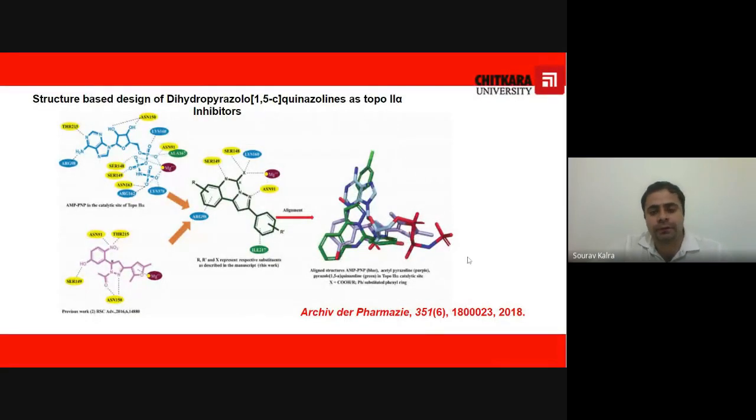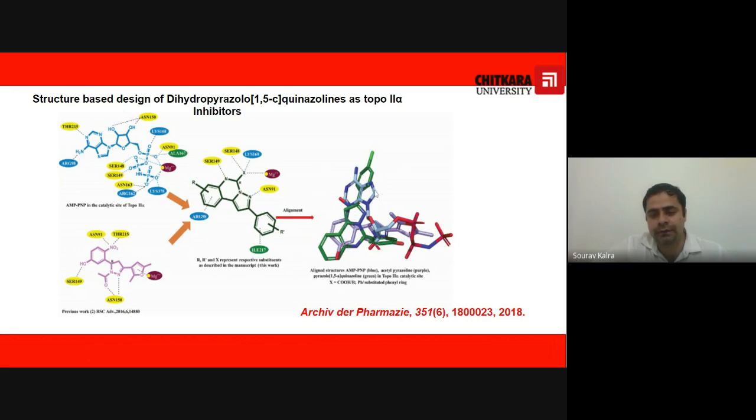Next we have 1,5,6 quinazolines as topoisomerase inhibitors, where we have a protein structure and have seen that ATP or AMP binds in the active site. This is the picture where our inhibitor is in green color and the ATP is in blue color.